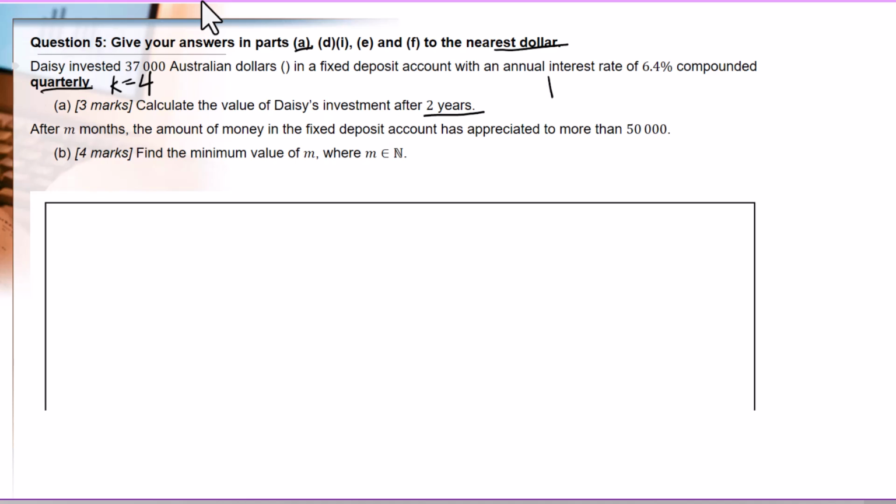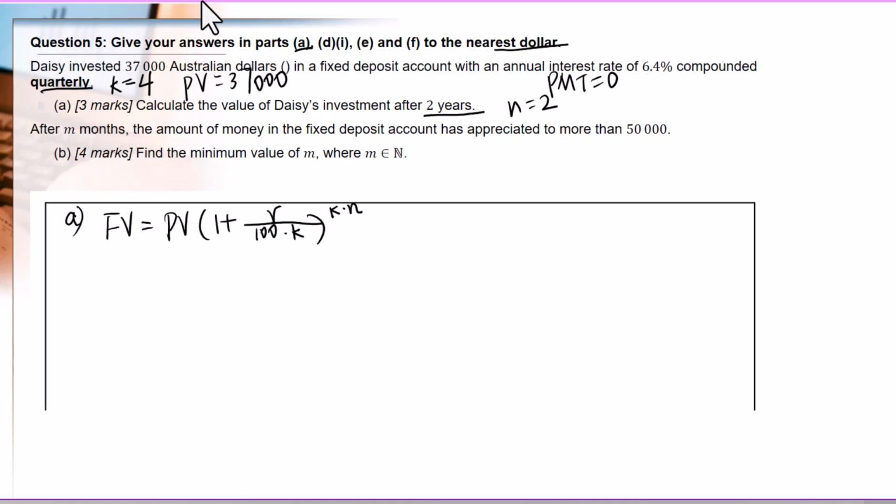Since PMT equals 0, you can use the formula, or you can use equation solver. So future value equals present value times (1 plus R over 100 times K) to the power of K times N. N equals 2, and present value equals $37,000.